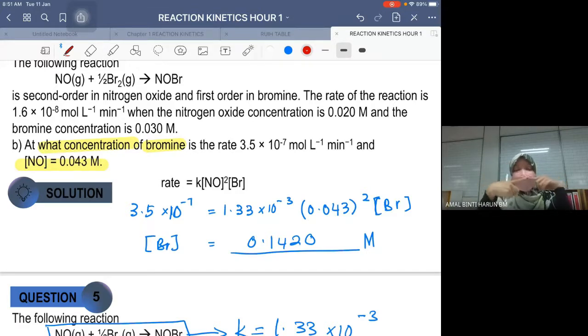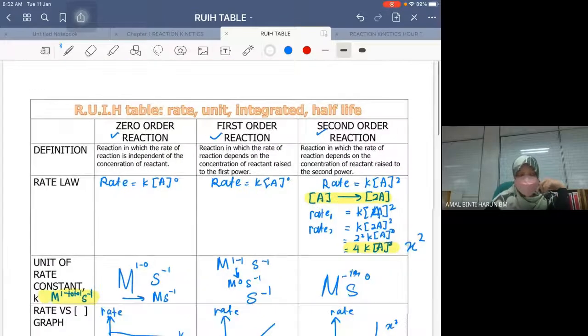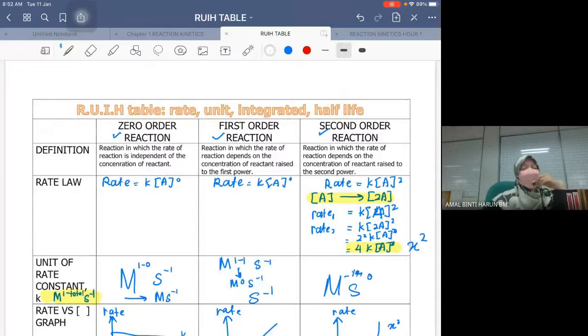So, yesterday, saya dah tunjukkan cara untuk tentukan order menggunakan initial rate method. Kemudian, hari ni, kita juga belajar tentukan order melalui unit constant. Okay, so ada 2 cara lagi untuk tentukan order yang kita belum explore lagi. Alright, so to be continued to the next tutorial, saya harap the remaining then update you punya table ni kena selalu guna supaya semakin faham lah.